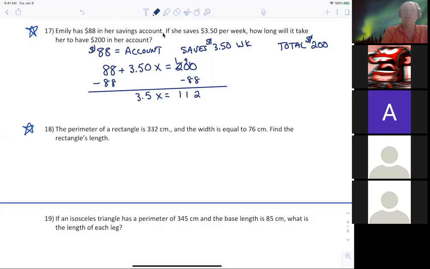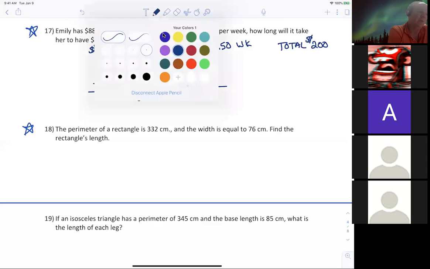All right, now I want you to be smarter after today's lesson. So I really want you to concentrate on what I'm doing. I always try to find the easy way to do things. All right? So I don't feel like dividing by 3.5. I don't feel like making it a decimal. So what I did, please watch now, because I want you to be able to do this.